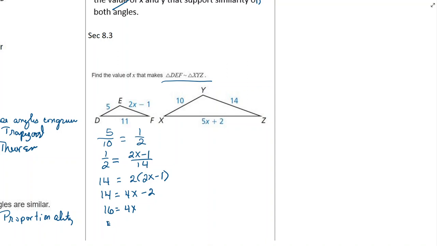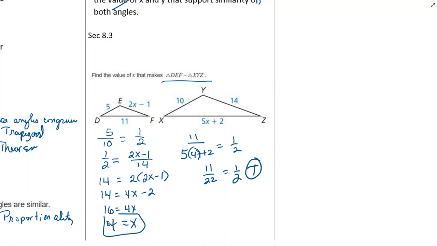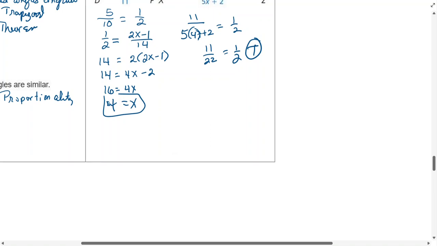So I've got 4 is equal to x. And now we're going to test it because it has to be that 11 over 5 times 4 plus 2 has to equal 1/2. And I get 11 over 22. And this is true. So x has to be 4 to be true.